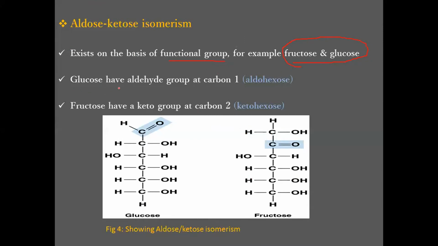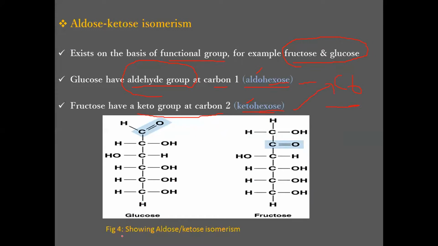In glucose, the functional group is an aldehyde group at carbon 1, so it is also known as an aldohexose, because aldo means it has an aldehyde functional group and hexose means it has 6 carbons. Next is fructose. Fructose has a keto group at carbon 2, so it is also known as a ketohexose, because it has a ketone functional group and it is a hexose with 6 carbons.